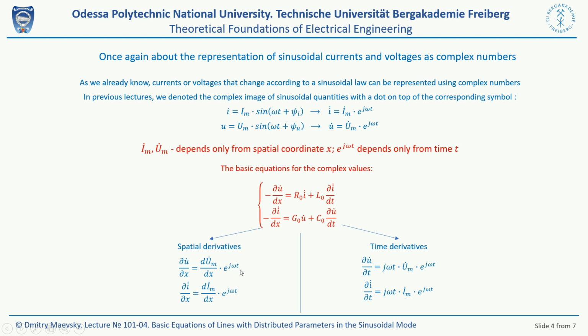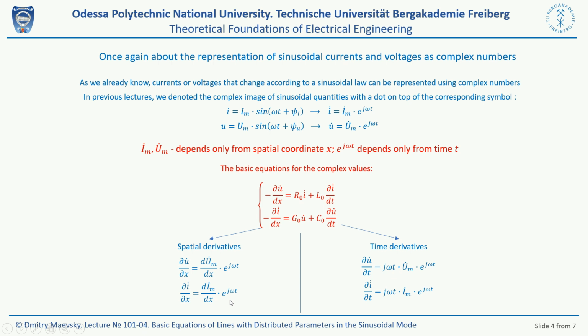The total derivative can be used because the voltage amplitude complex depends only on the spatial coordinate and therefore is a function of only one variable. Similarly, you can write the partial derivative of the complex of the instantaneous value of the current.